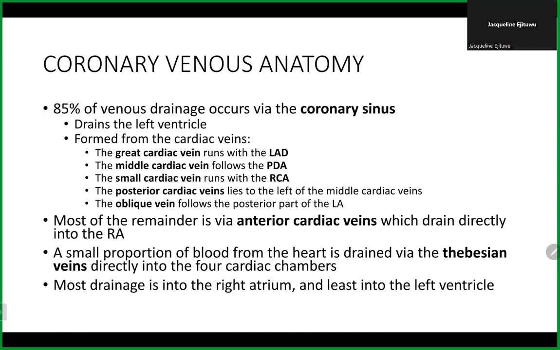So we also have 15% of the venous drainage via the anterior cardiac veins, which drain directly into the right atrium without branching to the coronary sinus. We also have a small proportion of blood from the heart drained by the small veins of the heart, known as the Thebesian veins.